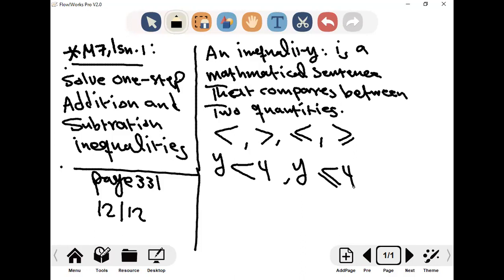They are different. Here, y less than 4, all the numbers that are less than 4, means 4 is not included, right? But there, y less than or equal 4, all the numbers that are 4 or less, 4 is included. Got it?